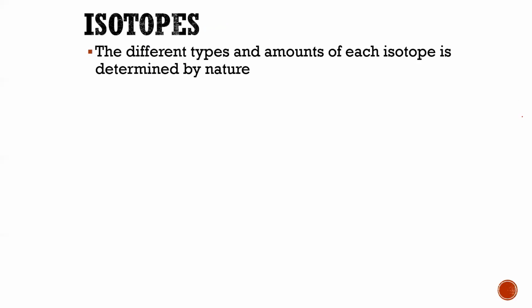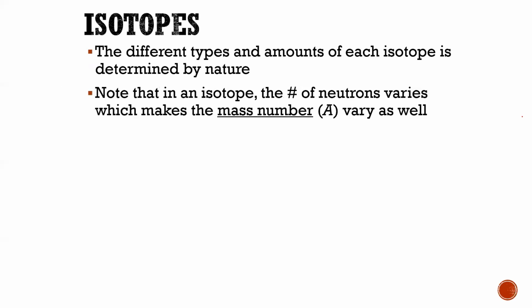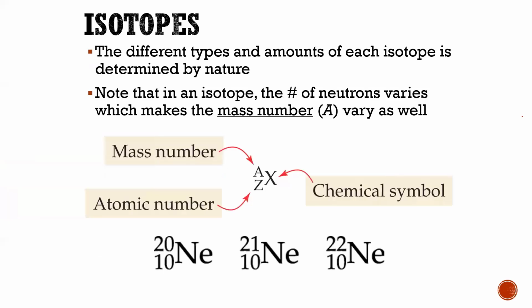So we've got to figure this out, right? The different types and amounts of each isotope are determined by nature. We don't have control of how often we see each of these different isotopes. We have no control of that. That's nature, right? But we have a way to show what nature gives us, and we use mass number and atomic number.